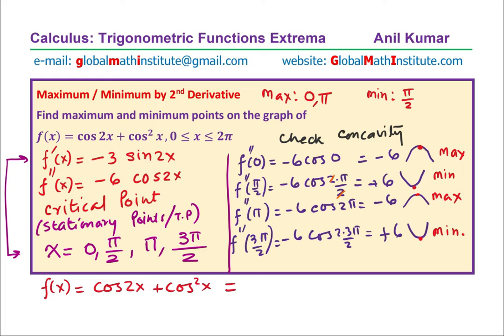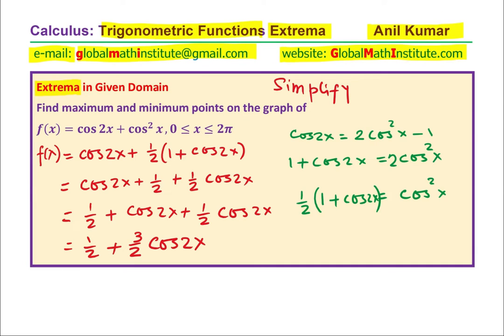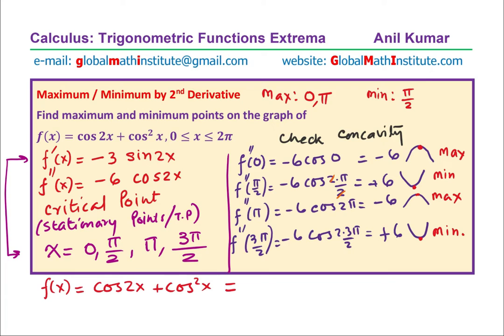We wrote this function, simplified it, as half plus 3 by 2 cos 2x, right? So that was the function.